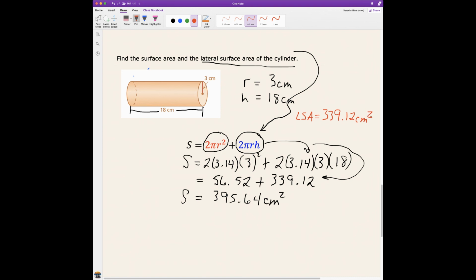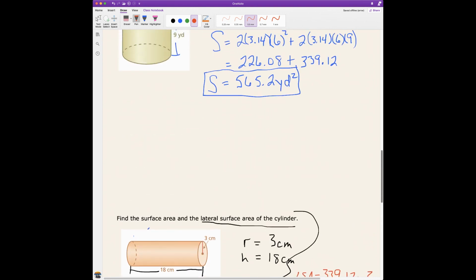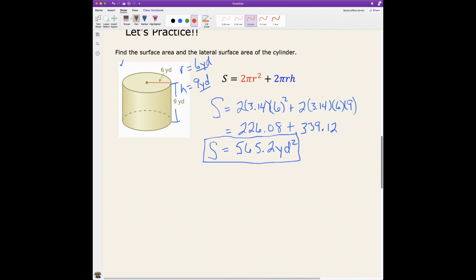centimeters squared. All right, so I'm going to go back up, and let's look at this problem. And so what is the lateral surface area of this cylinder? What is the lateral surface area?